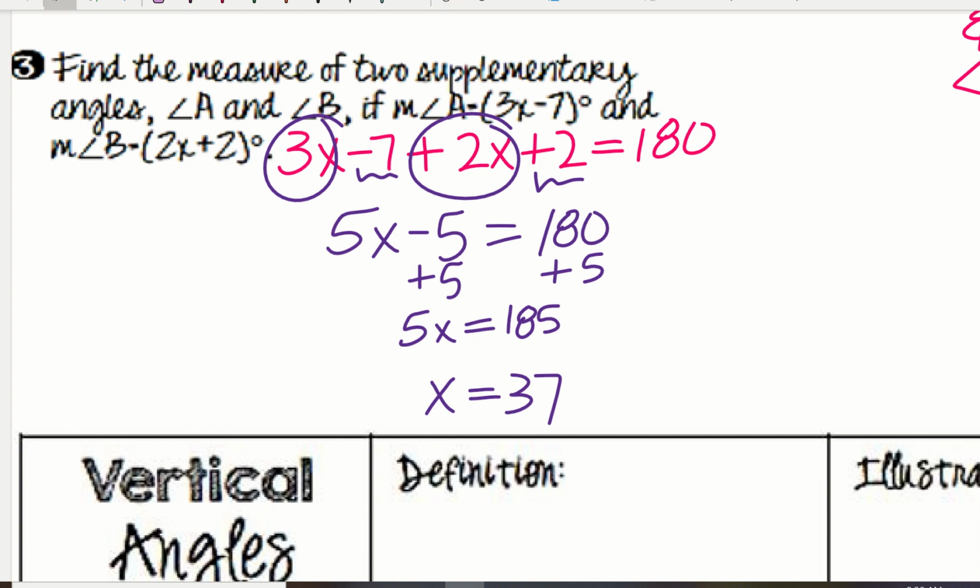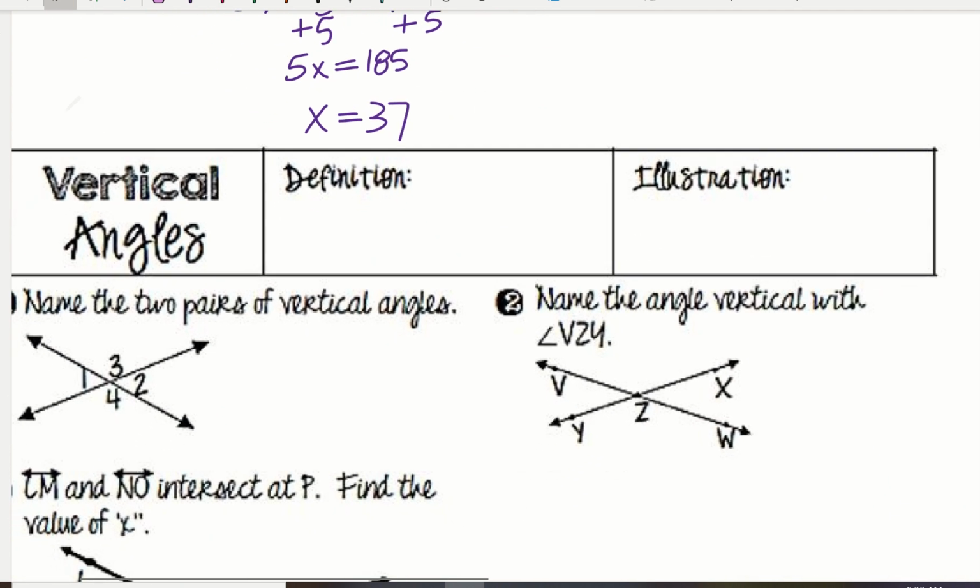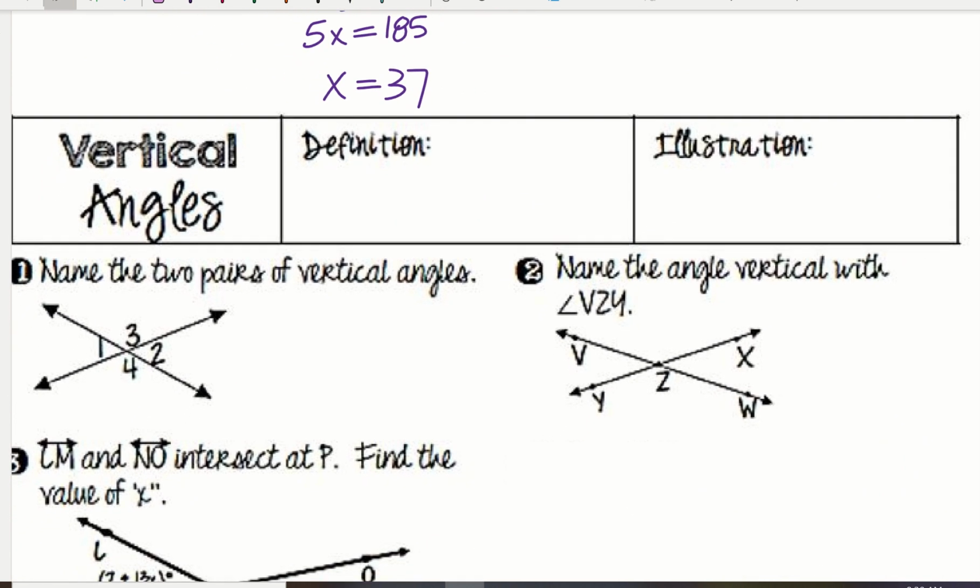Okay, the rest of us, we're going to keep going. Vertical angles, because we should be able to finish the notes at least.